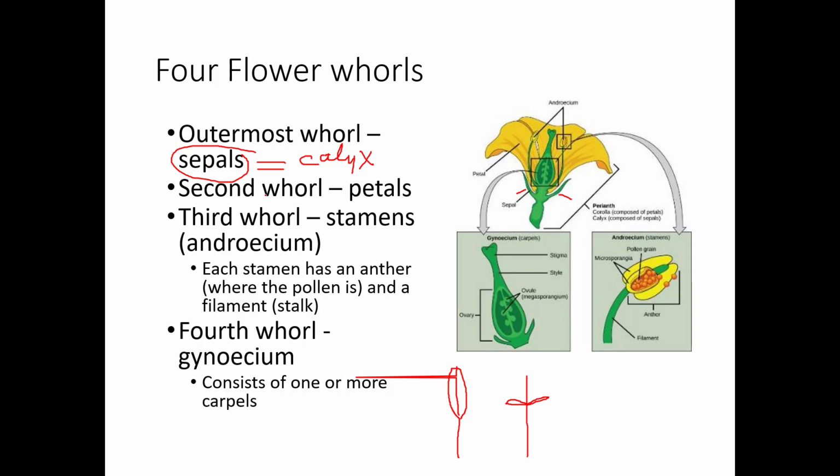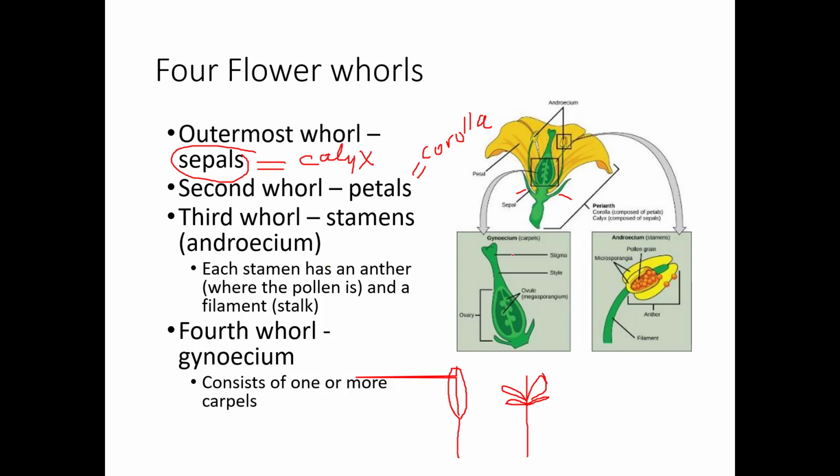All right, the second whorl, if you go more into the flower, are the petals. So the petals make up the second whorl, and the group of all the petals together makes up what we call the corolla. The corolla is the group of all the petals together. The third whorl is made up of the stamens.